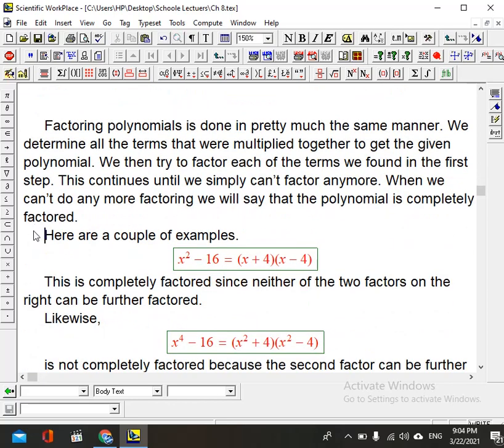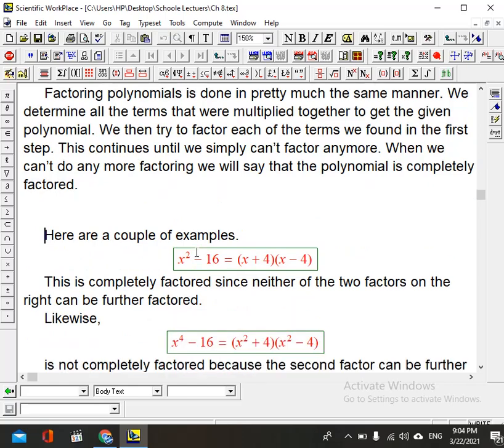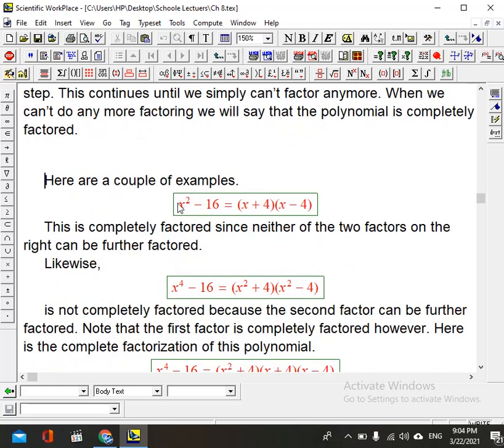Just some examples here. It is not necessary to know yet how we factorize this: x squared minus 16 equals x plus 4 times x minus 4.